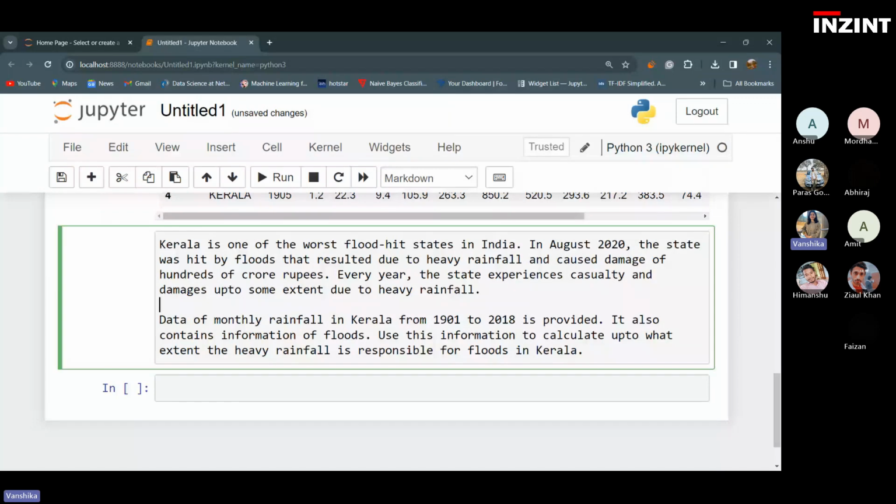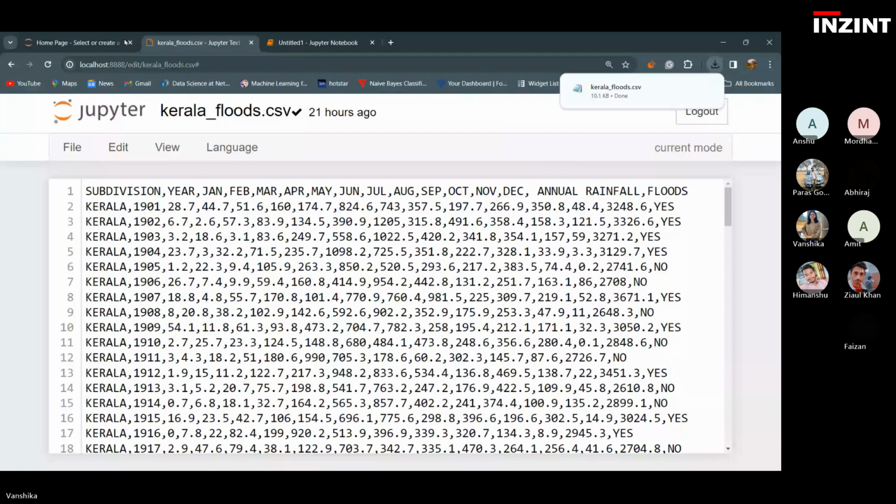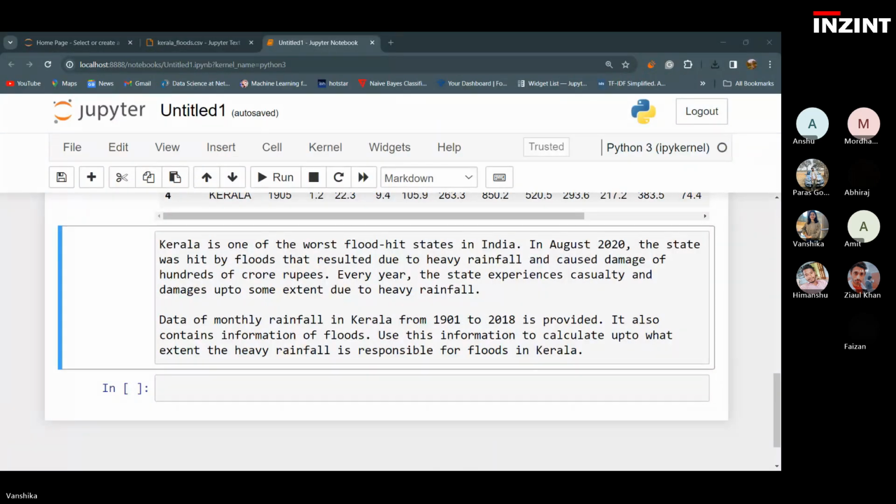Is the data set accessible? Sure, I'll drop this CSV. Yeah, you have the CSV file in the chat box.